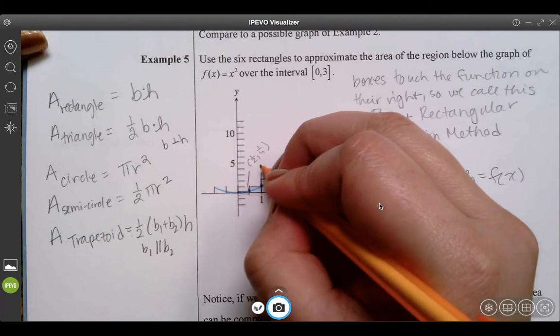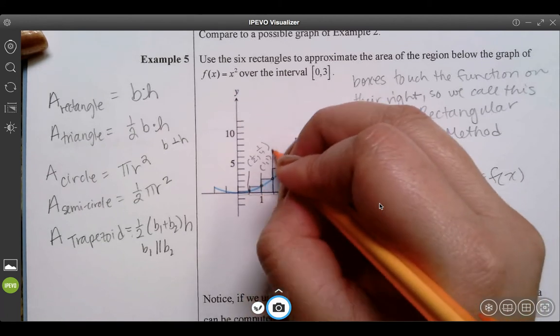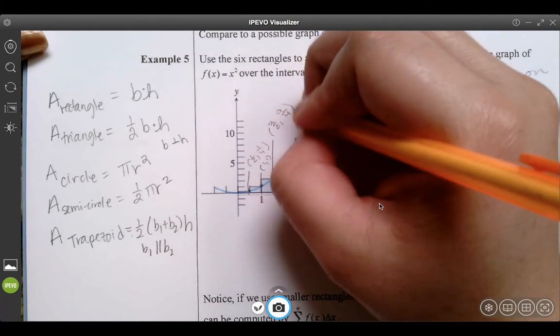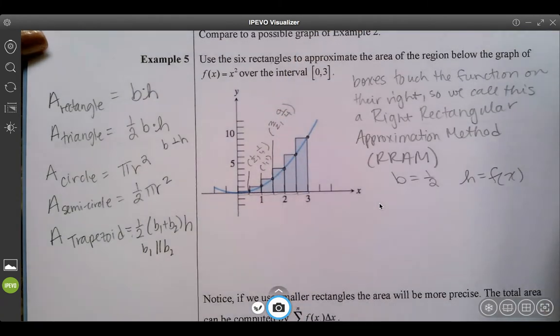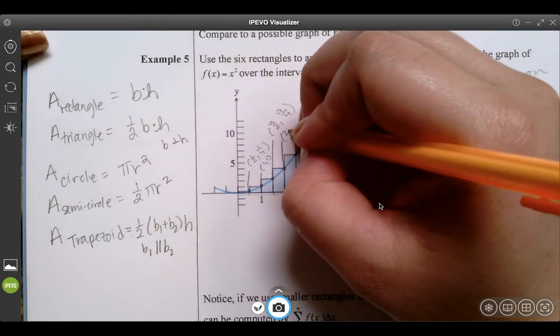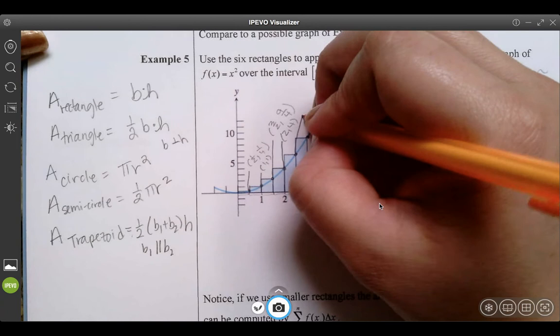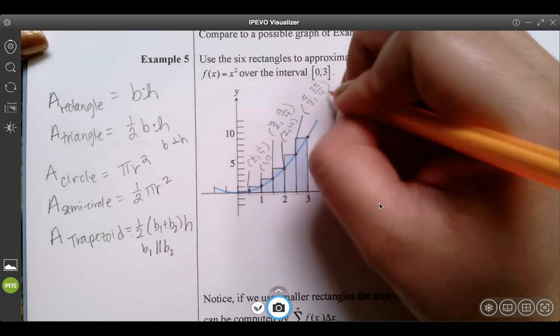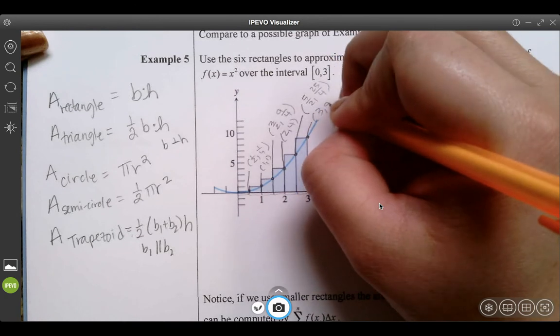This point here is 1 comma 1. This point is 3/2 comma 9/4. It's easier for me to square fractions, but if you prefer decimals, you can do decimals and use your calculator. This is 2 comma 4. This is 2.5, so 5/2, 25/4, and 3 comma 9.